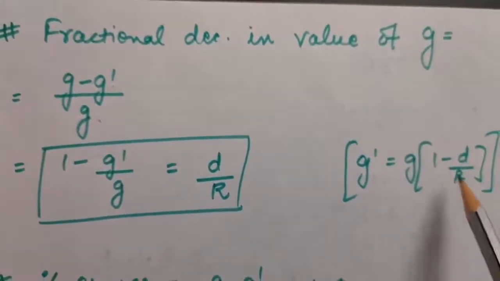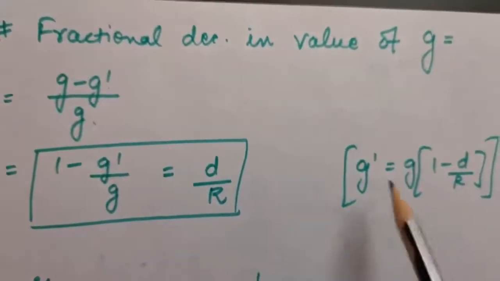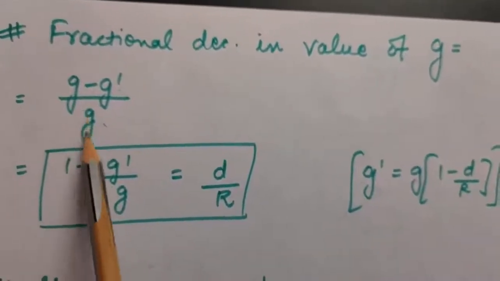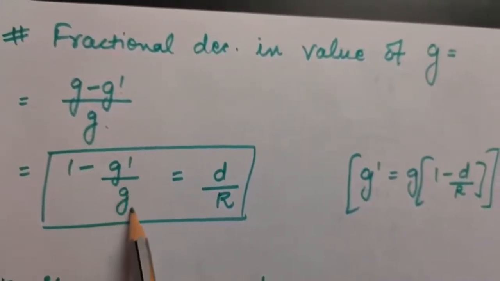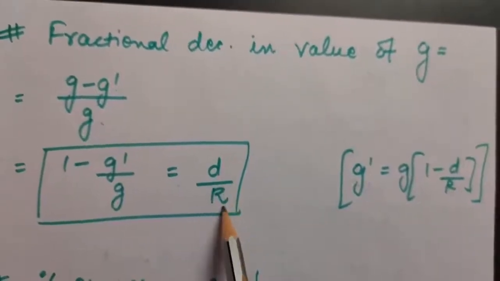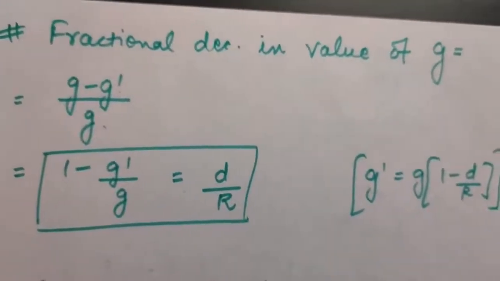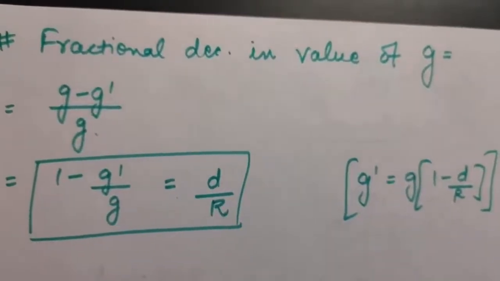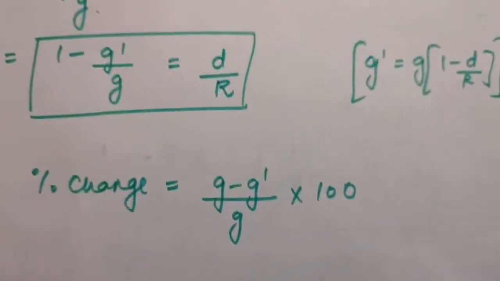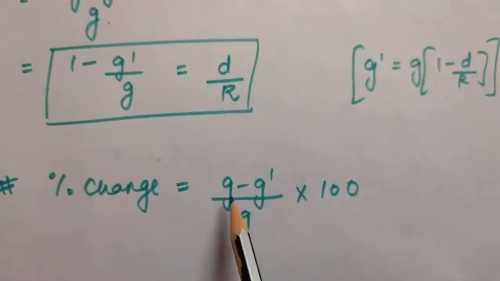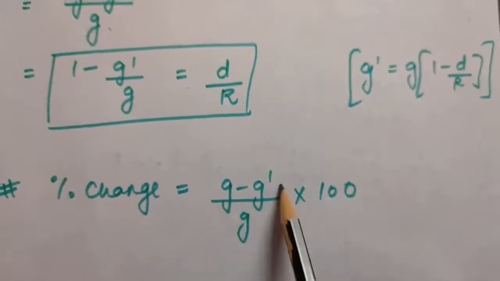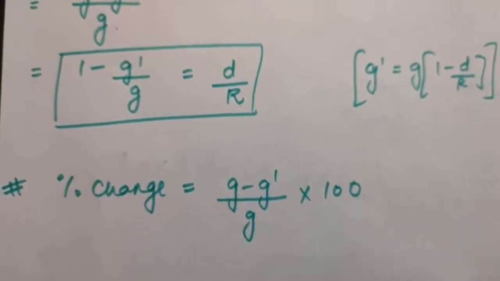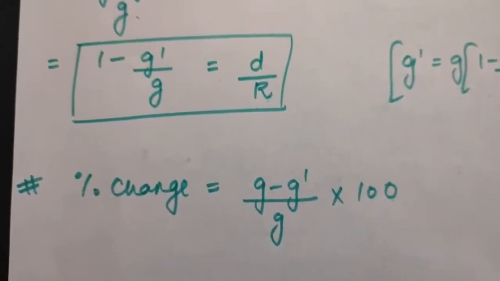So g' by g will be 1 minus d by R, and 1 minus g' by g will be equal to d by R from this formula. So if you want to calculate the fractional decrease in the value of g, you can simply calculate d by R. And if you are asked to calculate the percentage change, then, as all of you know, you will calculate (g minus g') upon g into 100, or you can say d by R into 100. That will give you the percentage change in the value of g.